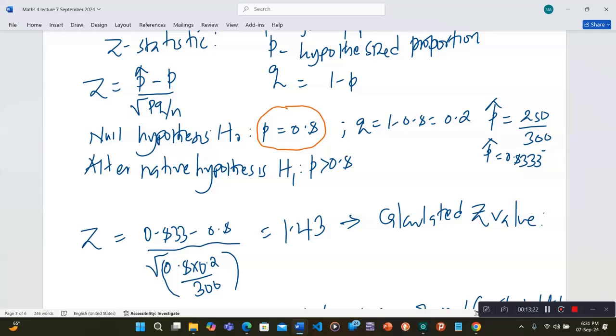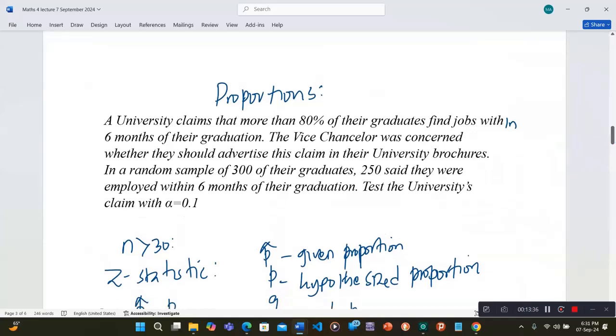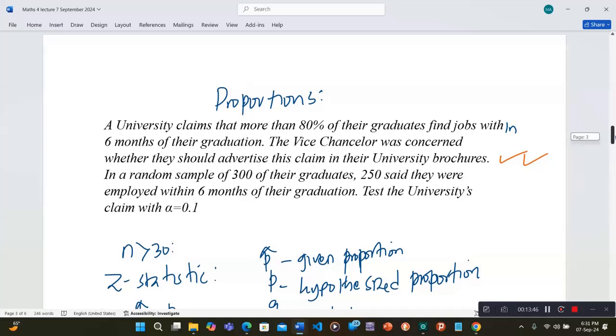So we take the alternative hypothesis that says P is actually greater than 0.8. And therefore, the claim of the university is okay, and they can go ahead and advertise this claim in their university brochures. That is the decision that you make. You conclude like that, and that conclusion is going to advise the next course of action that the Vice Chancellor is going to take.